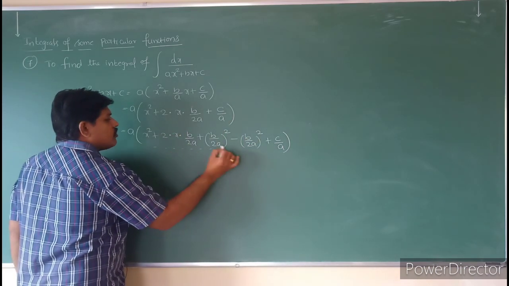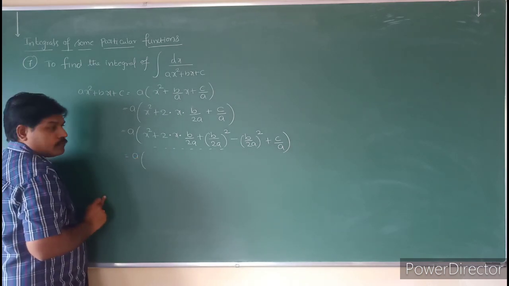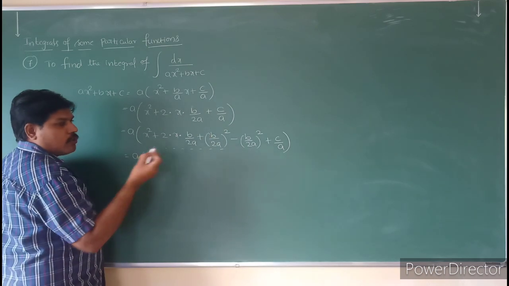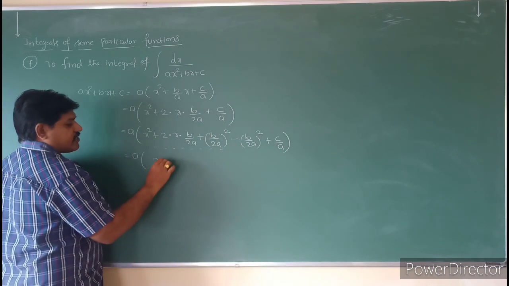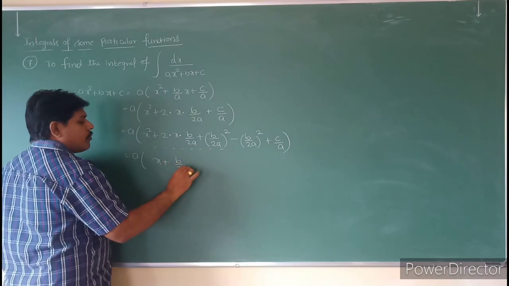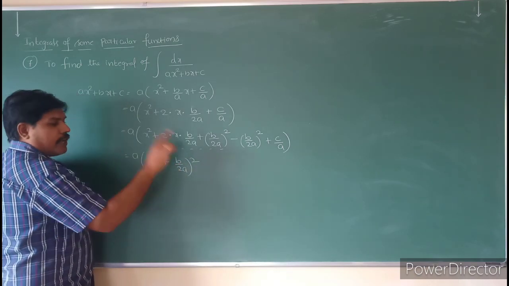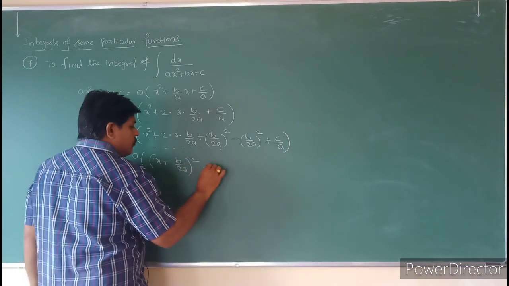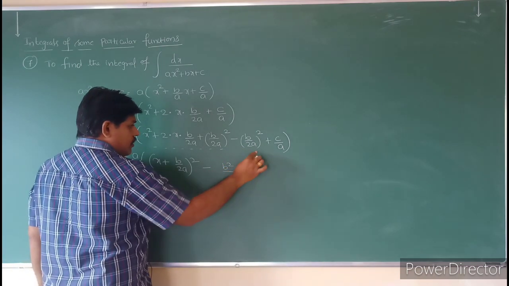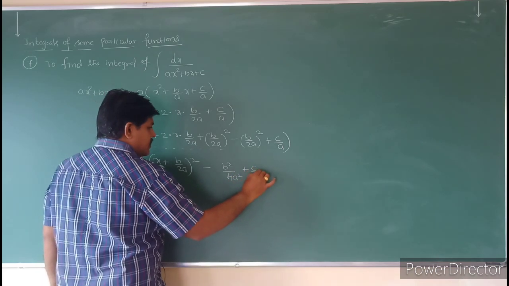Observe these 3 terms. What is this? This is nothing but a square plus 2ab plus b square, that is nothing but a plus b whole square. What is the a value? The a value is x. And what is the b value? The b value is b by 2a. So x plus b by 2a whole square, minus b square by 4a square plus c by a.